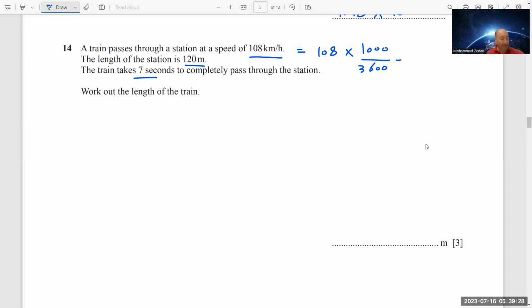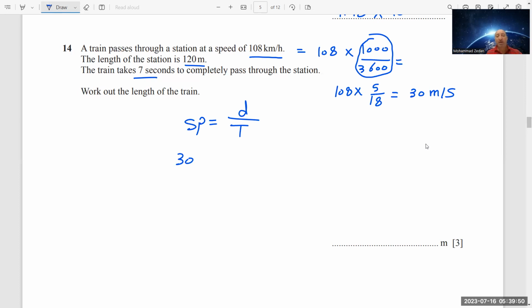Solve this one, you will get 30. This fraction is really 5 over 18. So 180 times 5 over 18, or direct solution, will be 30 meters per second. As you know, the speed is equal to distance covered over time taken. So the speed, 30 meters per second, is equal to the distance.